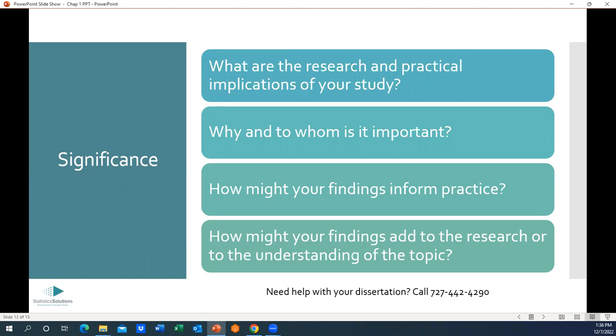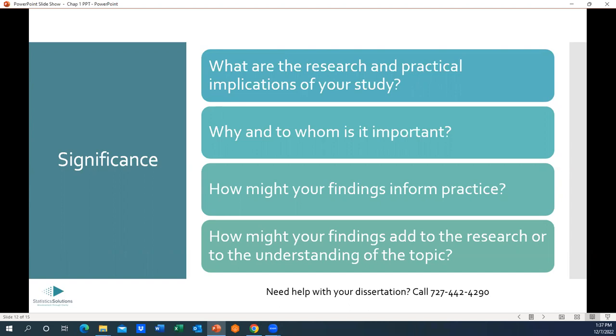So you need to answer those questions. How might your findings contribute to research? And the second prong is, and you can break it out into paragraphs to make it organizationally friendly to your reader, how might your findings inform practice? In other words, people at the level of doing what it is you're studying.